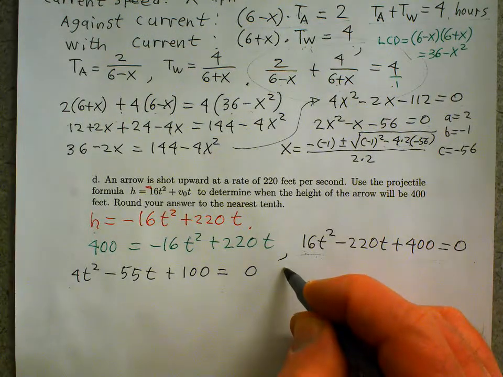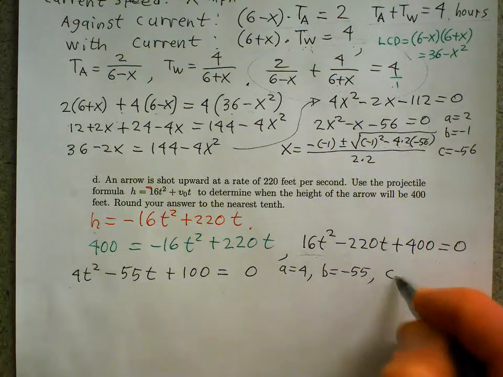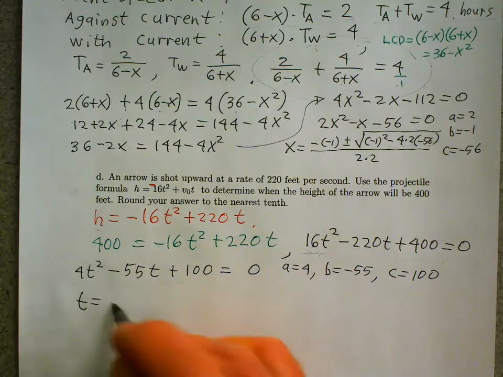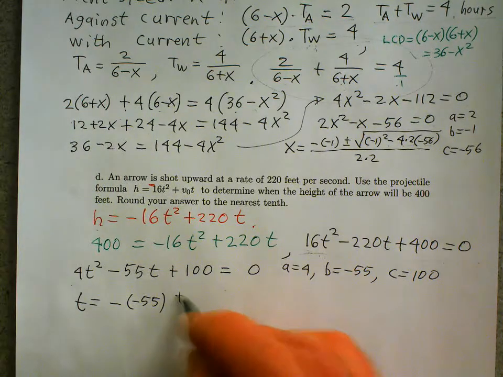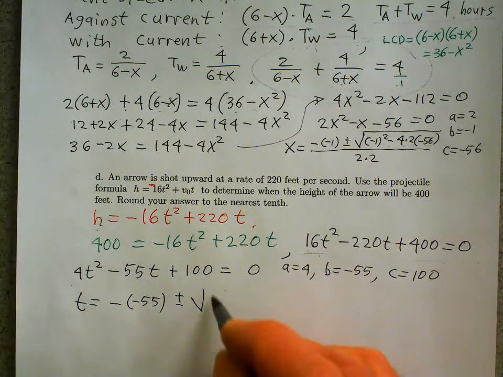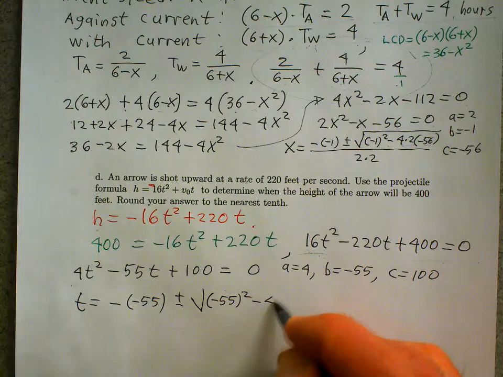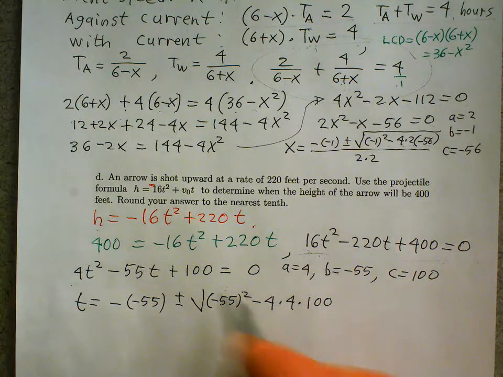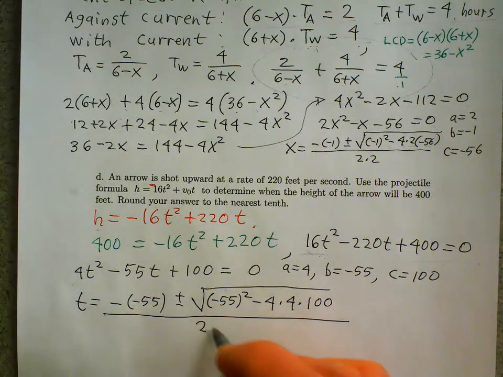So if we use the quadratic formula, a is 4, b is negative 55, and c is 100. So t equals the negative of negative 55 plus and minus the square root of negative 55 squared minus 4 times 4 times 100, all divided by 2 times 4.